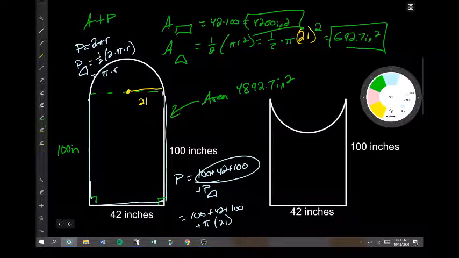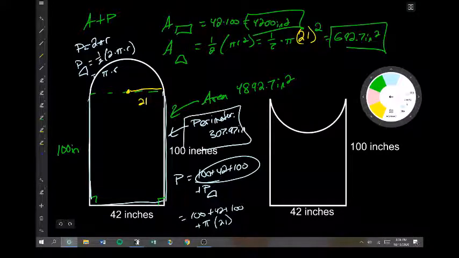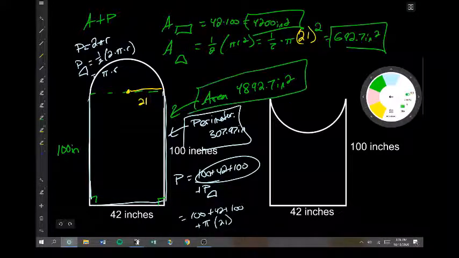So the perimeter of this shape is 307.97 inches. Perimeter is just inches, whereas area is inches squared.